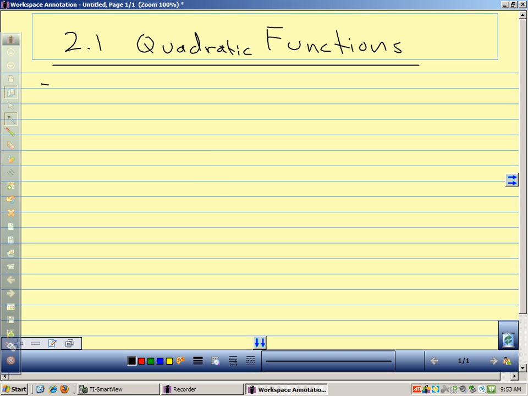A couple of definitions. In chapter 2 we're talking all about polynomials.